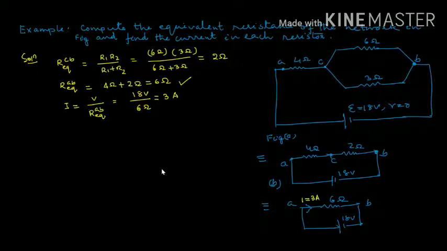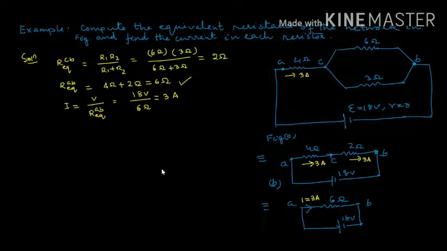So this current is 3 ampere, and this is also the current through the 2 ohm, 3 ampere. Now in figure A, the main current, that is through the 4 ohm, is 3 ampere.